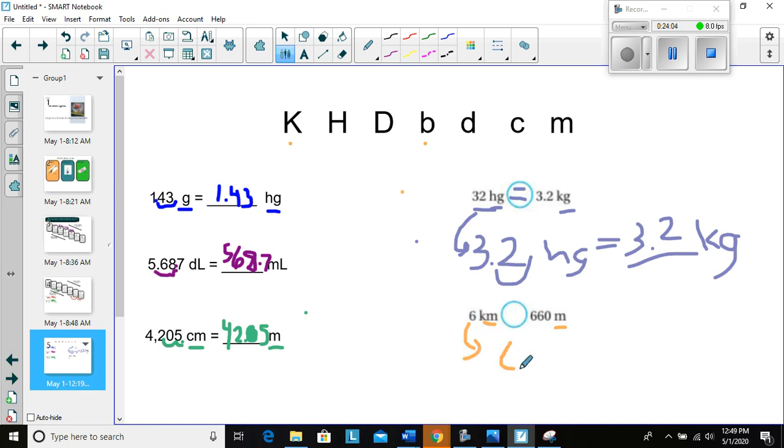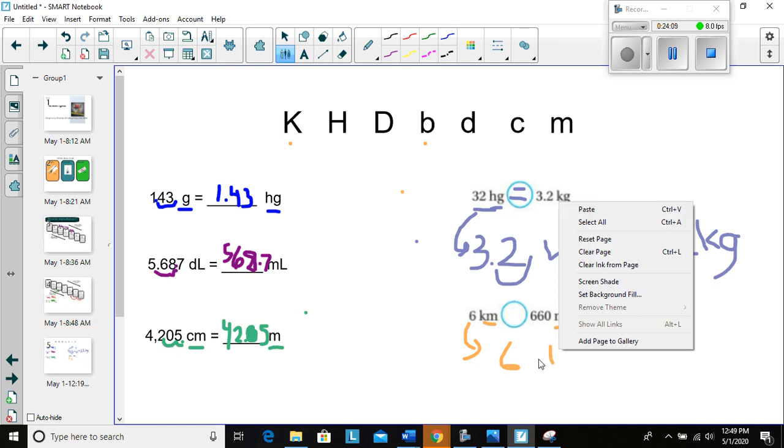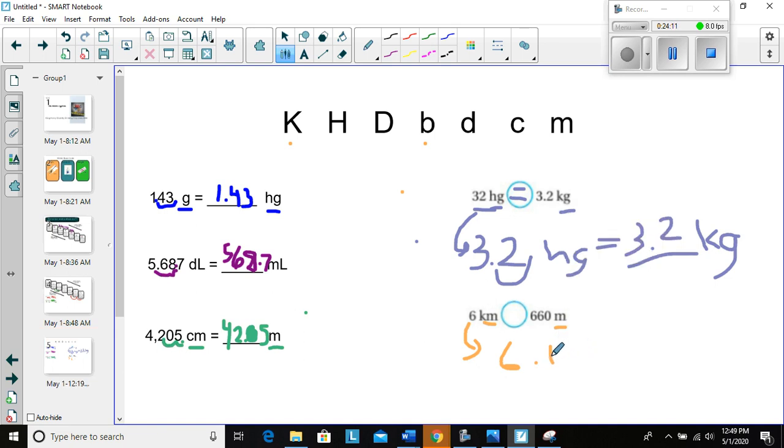So I'm going to change the 6 km, kilometers, and I'm going to change it to be blank equals blank meters. Whatever answer I get here on my blank, I'm going to compare it to this other number they gave us.